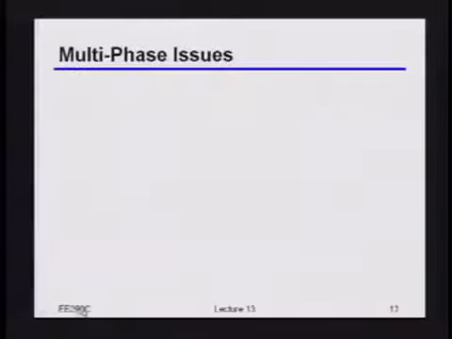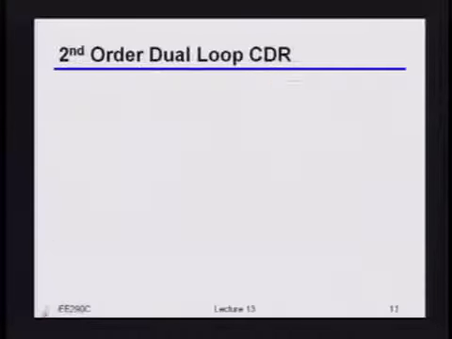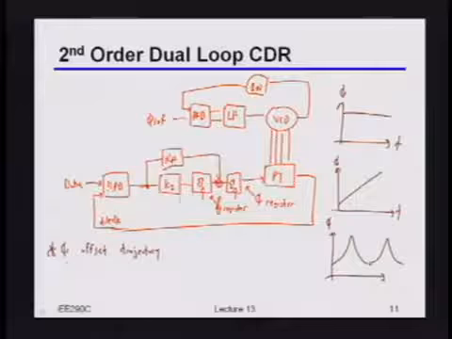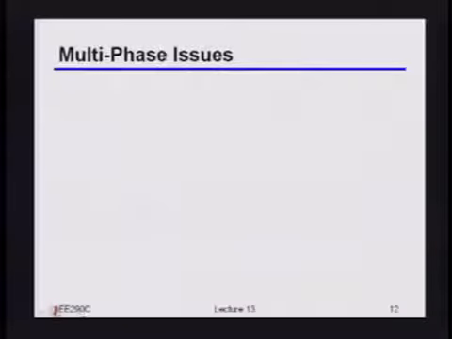Now, there are a couple of interesting practical issues. So far I keep drawing this loop as if there's just one output from that phase interpolator. To be totally fair, even in our standard design, there are probably two outputs, right? Because usually the way we do that bang-bang CDR, at least with a full rate system, is I have clock, and then I use clock bar for my edge samples, right?